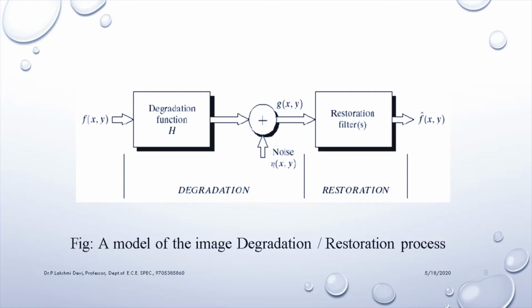This is the simple degradation model, and in explaining it you have to write the importance of the degradation function and the importance of the restoration filters. What are the different degradation functions we have? What are the different types of noises we have? And what are the different types of filters we have in order to reconstruct an image as close as possible to the original or input image?